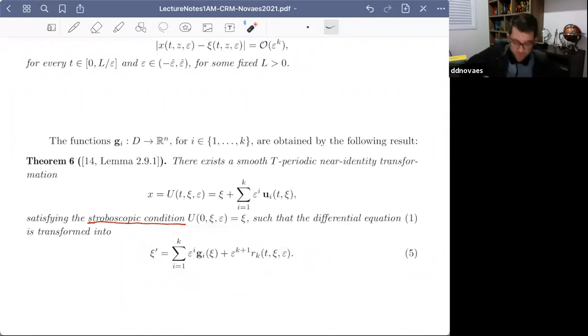Notice what's happening here. This transformation removes the dependence on the variable t of the standard form from the order k approximation. So the dependence on t does not appear in the transformed system up to order k in ε, and the dependence on t appears now in the remainder, which in this case is arbitrary.